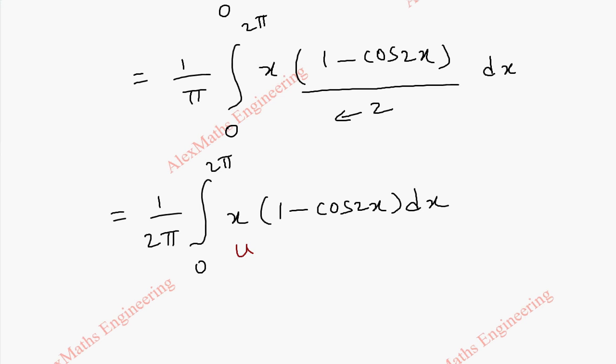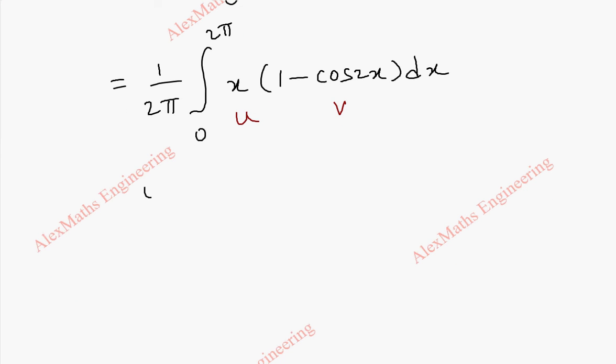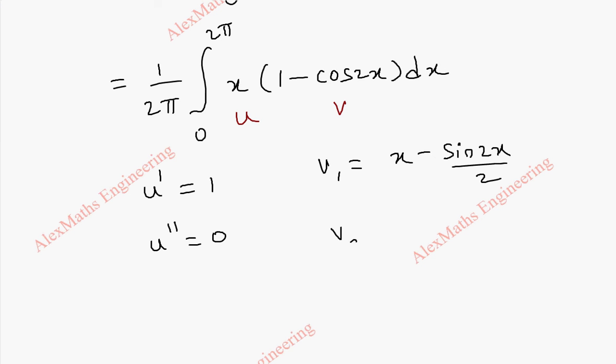This is u, this is v, and u dash is 1, u double dash is 0. v1, this integration, is x into minus sin 2x by 2, and v2 is x square by 2 plus cos 2x by 2, and already there is a 2, so it is 4.